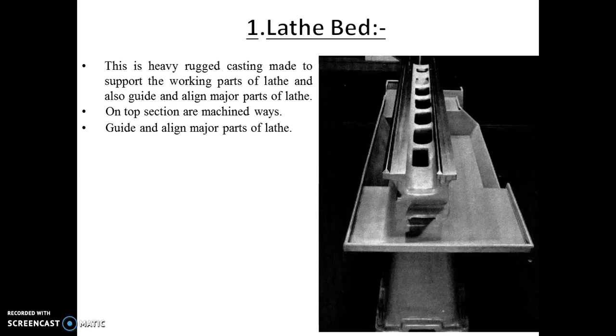It consists of 2 heavy metal slides running lengthwise with guideways. The units mounted on the bed are the headstock, the tailstock and the carriage. The lathe bed is made of high grade special cast iron having high vibration damping capacity.